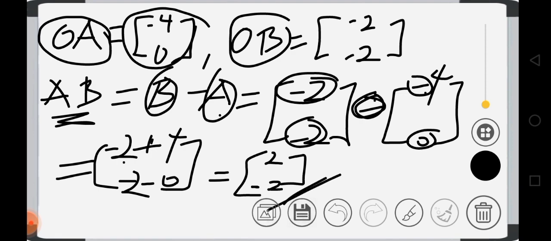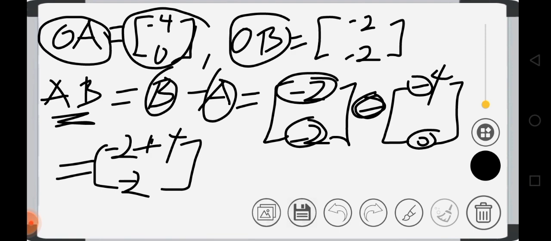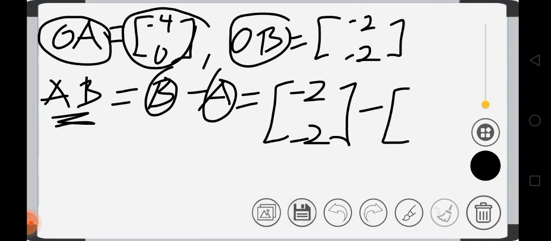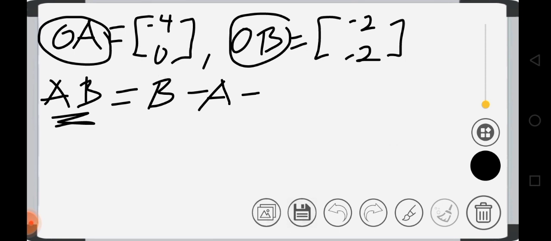And now let's solve it this other way. Remember we got 2 and minus 2. So let's solve it in this second way so that you also see this other method.